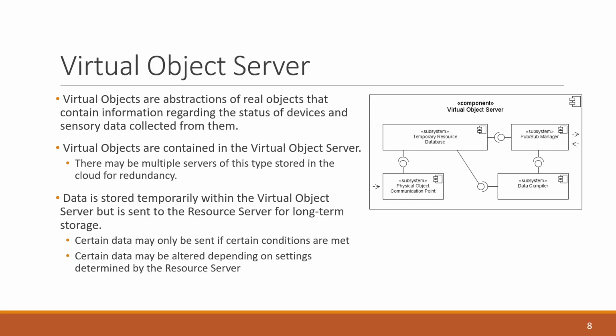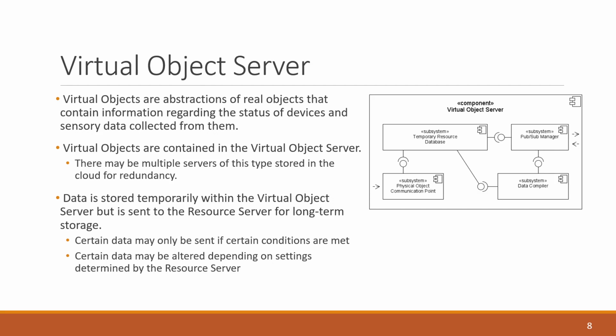For a virtual object server, we would see that they're abstractions of actual objects. They basically just contain information about the status of the object and information collected from the object, and they'll make decisions as to whether or not they need to store this long term.